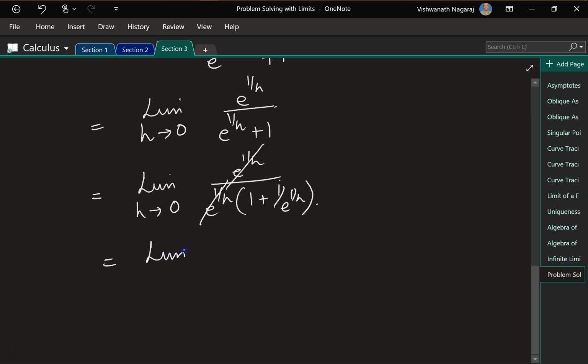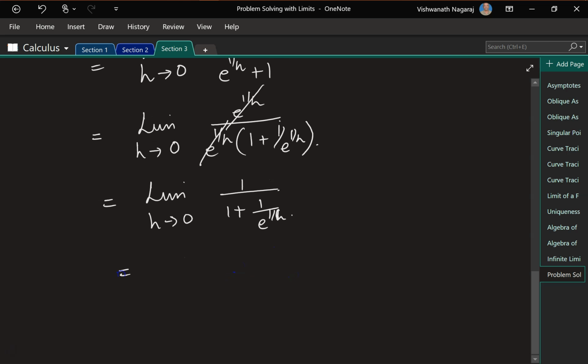So we are left with limit as h approaches 0 of 1 by 1 plus 1 by e to the power of 1 by h. Now let's take the limit. Now what happens? 1 by 1 plus e to the power of 1 by h. So h goes to 0. So 1 by 0 is infinity.